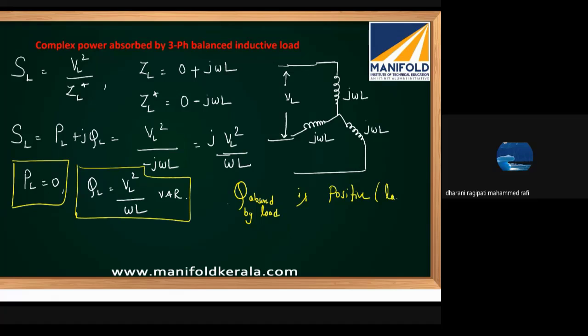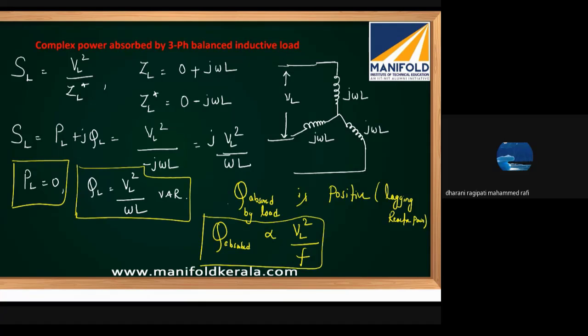It is lagging reactive power. And second, reactive power absorbed is directly proportional to the square of the voltage and inversely proportional to frequency. Why? Omega is equal to 2 pi f.